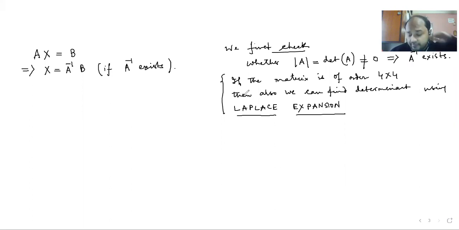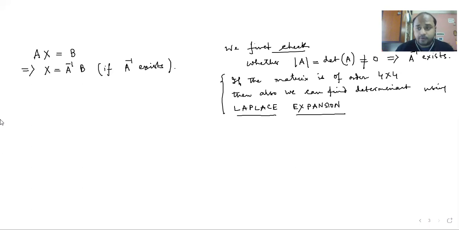Everything is possible in mathematics, but the calculation becomes very tedious, and therefore there are some limits in applying the determinant criteria to know about a matrix's inverse. So here comes rank as a savior.